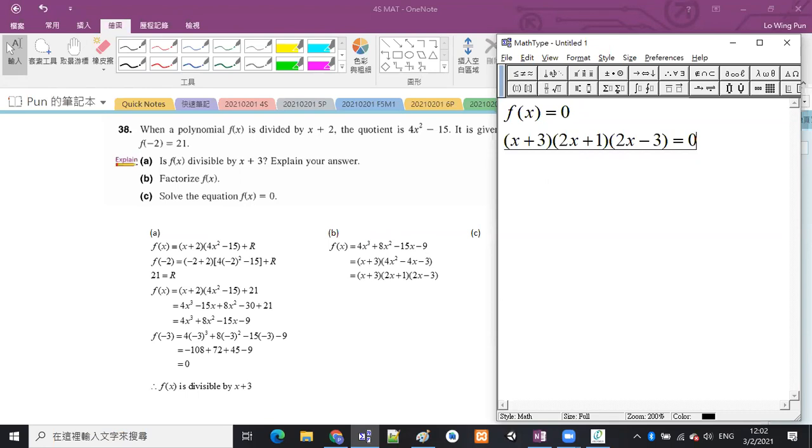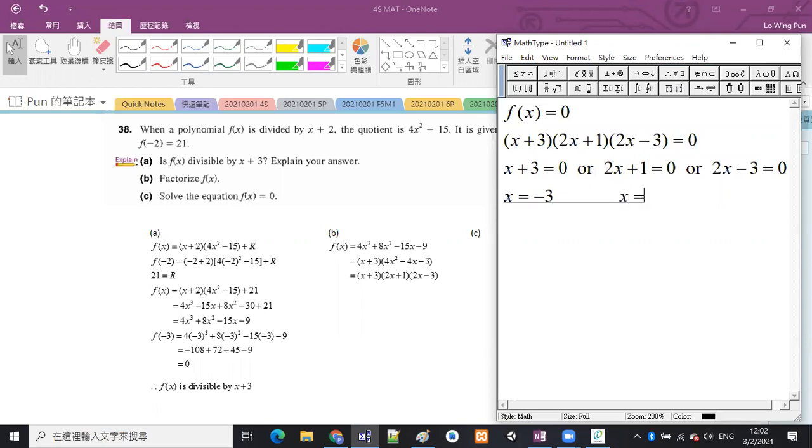So the product of 3 brackets is equal to 0, and then we can split the equations into 3 parts. x plus 3 is 0, or 2x plus 1 is 0, or 2x minus 3 is 0. And then each of them is a simple equation. So x is negative 3, or x is negative 1 over 2, or x is 3 over 2.